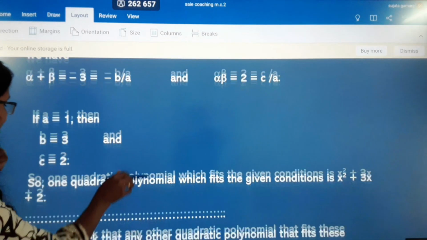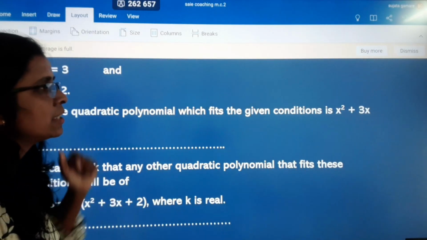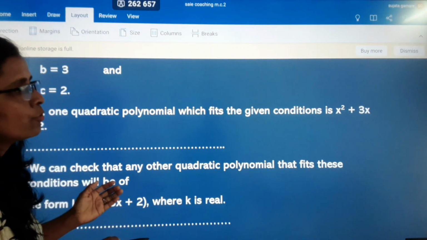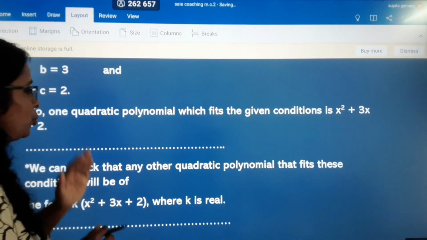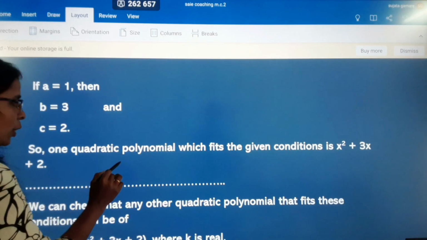So now we can form one quadratic polynomial which fits the given condition, which is x square plus 3x plus 2.